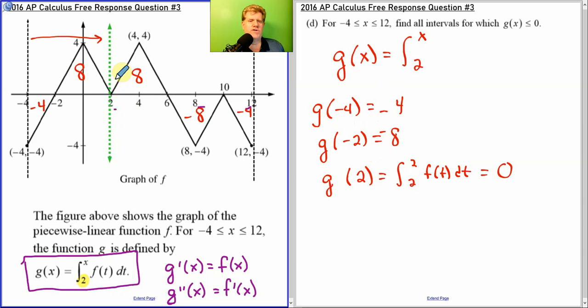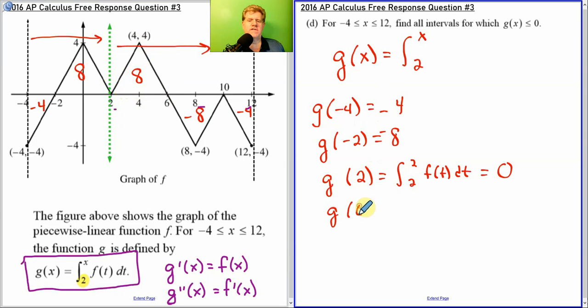Now think about it. When we're traveling this way again, we're adding. So g of 2 is 0. G of 4, g of 6, I'm adding all of this on. Remember, g of 6 was 8. And I'm going to keep on going, though. What's g of 10? I added 8 to it, and then from 6 to 10, I'm taking 8 away.